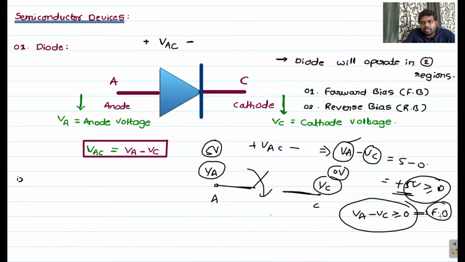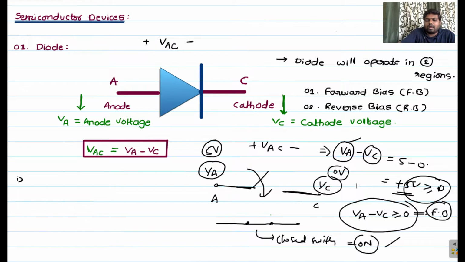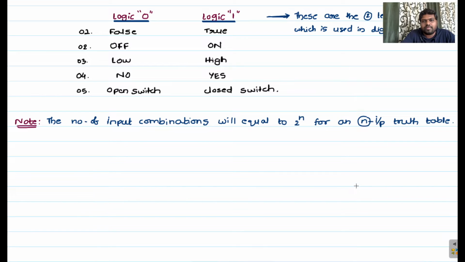In this forward bias condition, the diode will act as an on switch. That means this will be closed, so it will act as a closed switch. This is also called on; we already have alternate names. Terminology is very important.